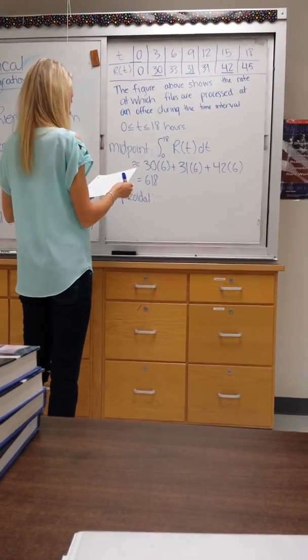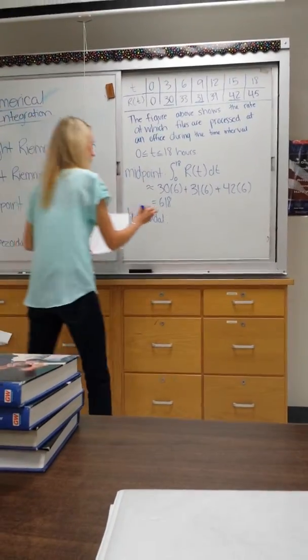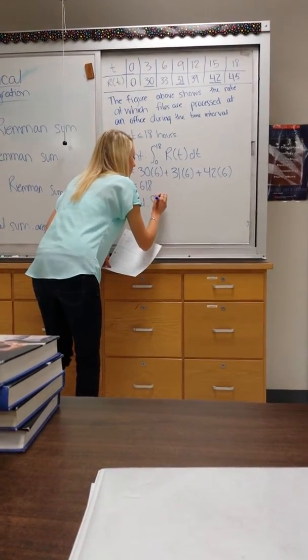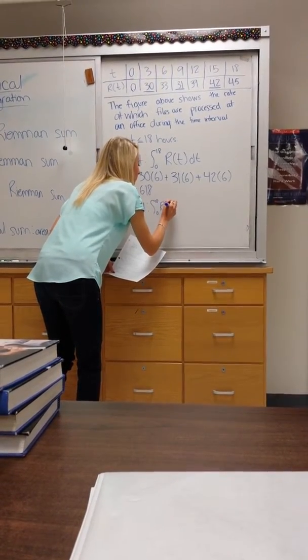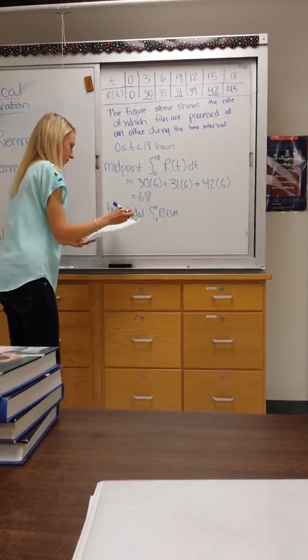And then for the trapezoidal sum, we need to use the area formula, so we're going to use the integral from 0 to 18 of r of t dt, and this one requires a lot of writing.